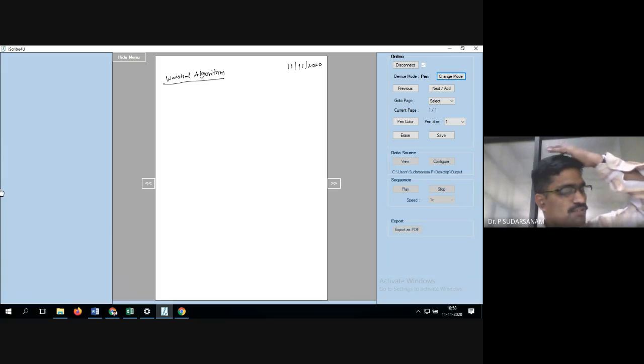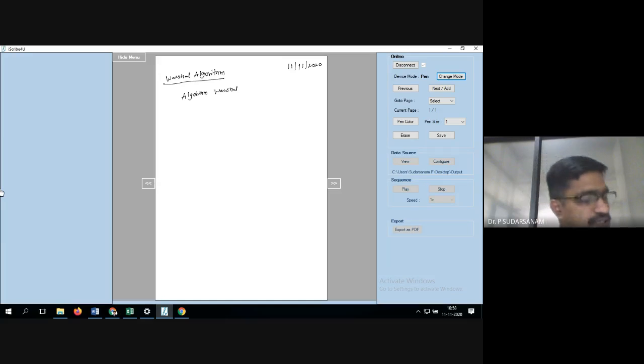Right. So now Warshall's algorithm is simple. How to write the algorithm: the algorithm name, and your input should be A of 1 to n, comma 1 to n.